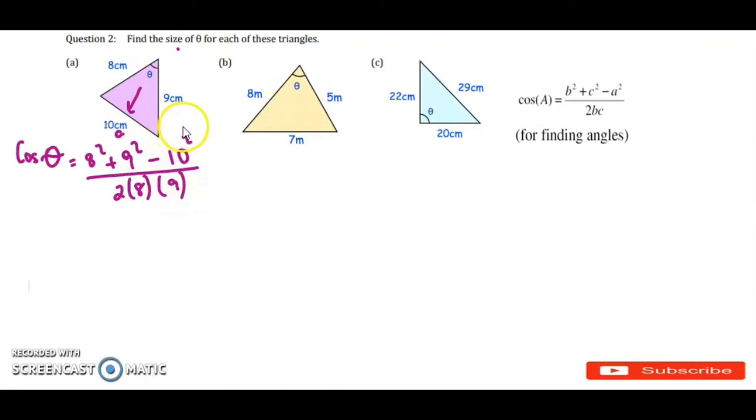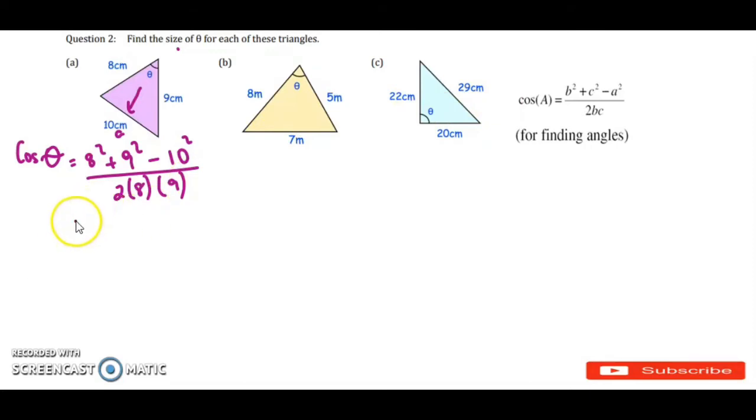So basically the 9 and the 8 would be B and C, and whatever missing angle I am going to use, I call the angle theta, and the side opposite to the angle that I'm working with is going to be my A side.